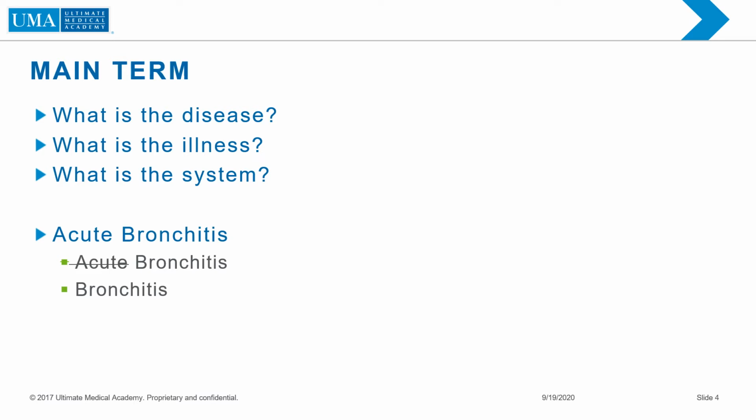So after you find this documented information, that's when you'll determine what the main term is. The main term then can be a disease, an illness, or a symptom.